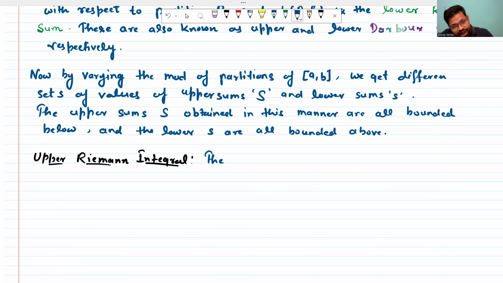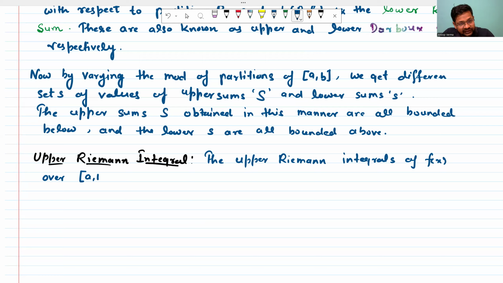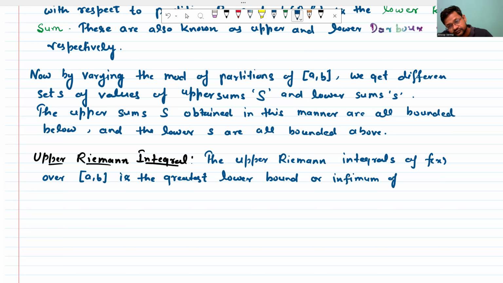So the upper Riemann integral of f(x) over the closed interval [a, b] is the greatest lower bound, or infimum, of S.